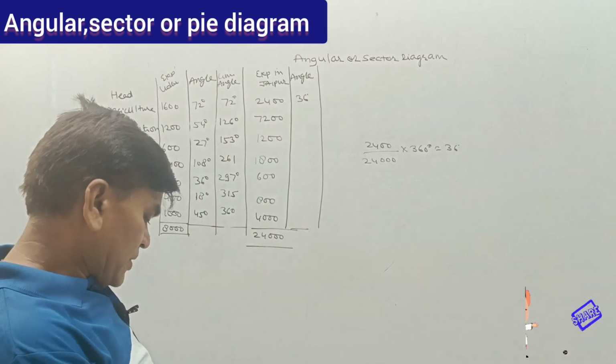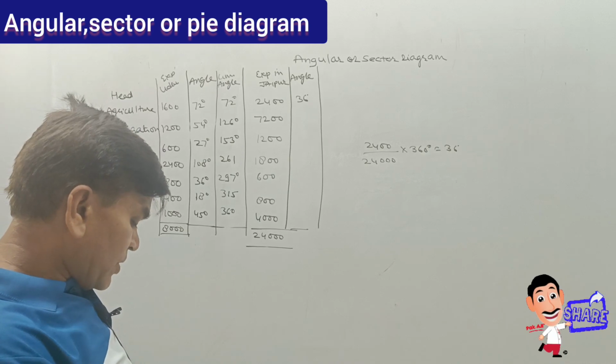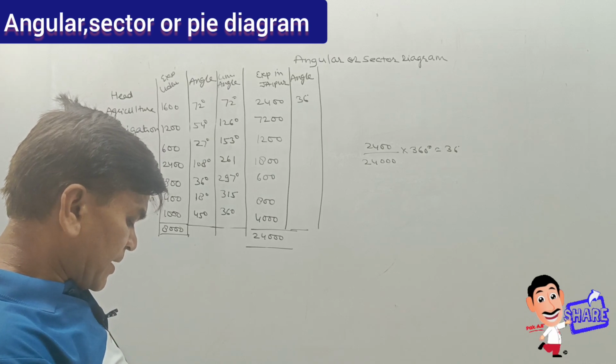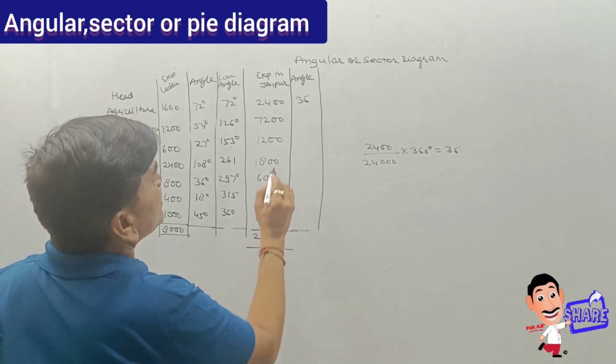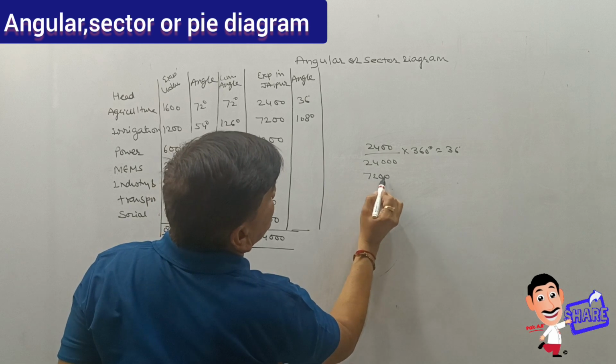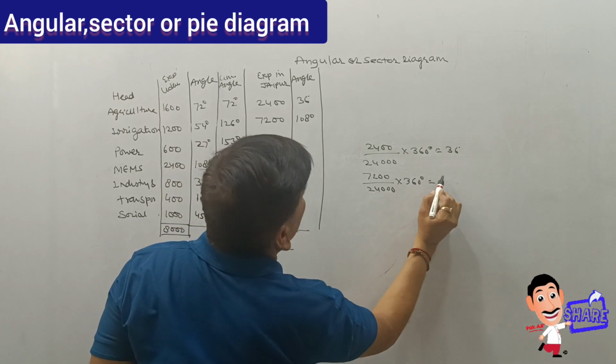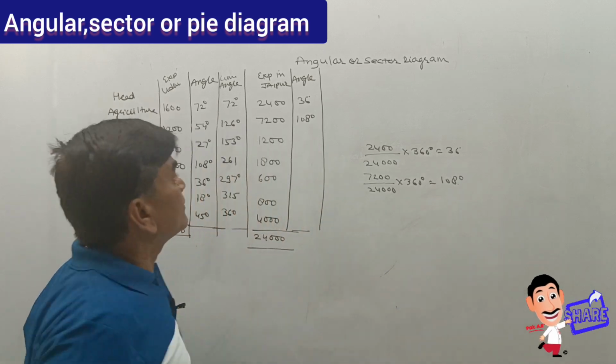Second one, 7200 divided by 24000 multiplied by 360, that is 108 degrees.